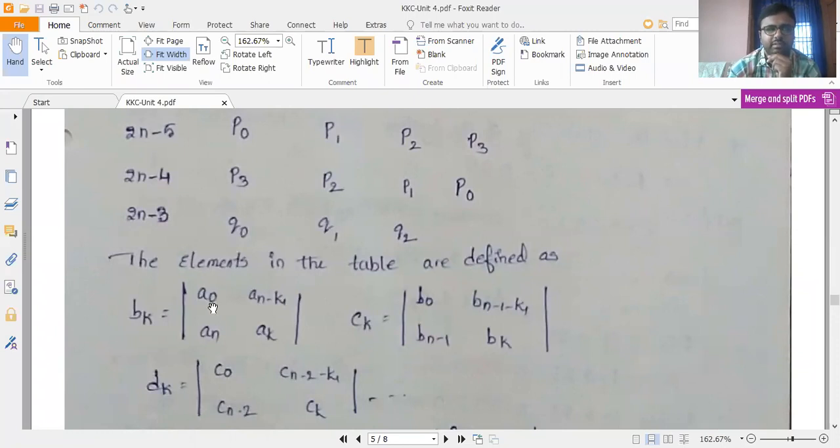The first value is a0 and the second value is a3 minus 0, that means a3, and the n value is also a3 and the k value is also a0. This is the table regarding b0, and b1 is equal to the determinant of a0, a3 minus 1, that is a2, a3, and a1. Okay, so in this way you have to determine the values of bk.